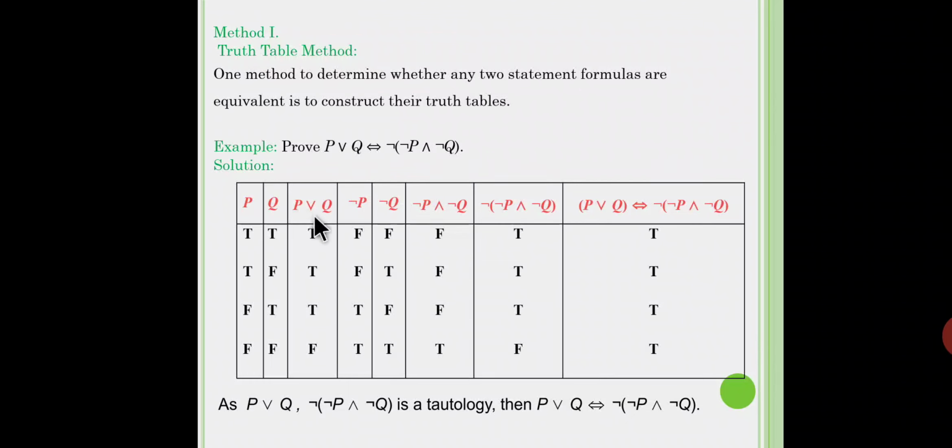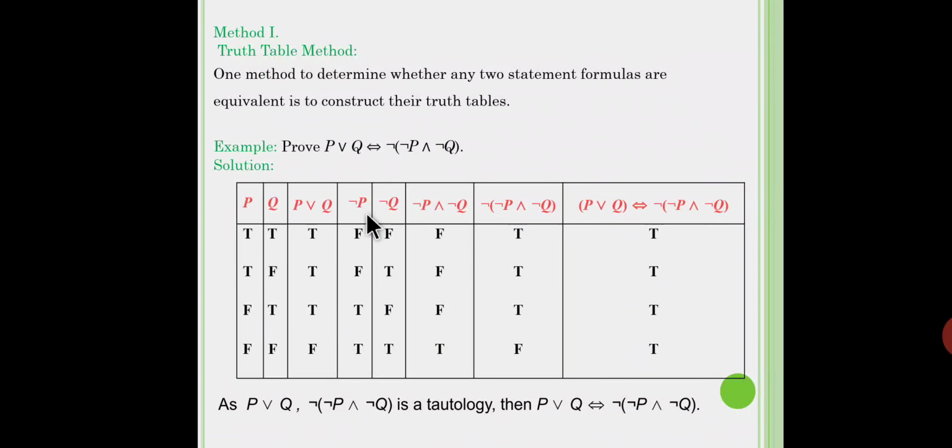If both P and Q are false, then the compound statement P or Q is also false. In the remaining cases, the compound statement has the truth value true. Next, in the RHS of the given relation, we have ¬P and ¬Q.